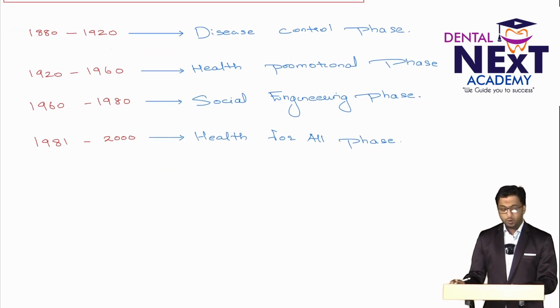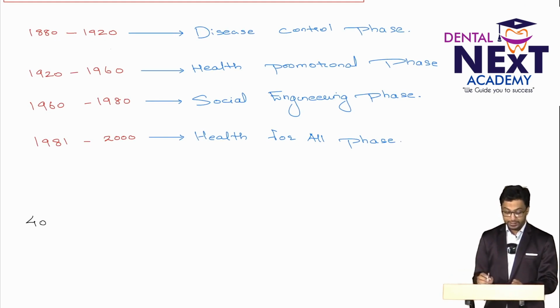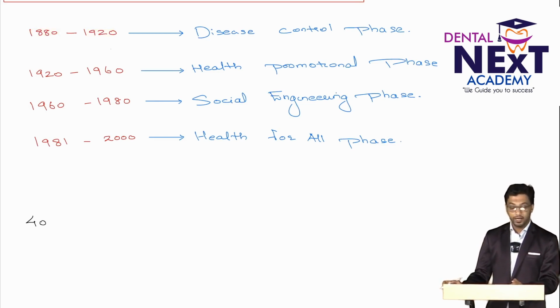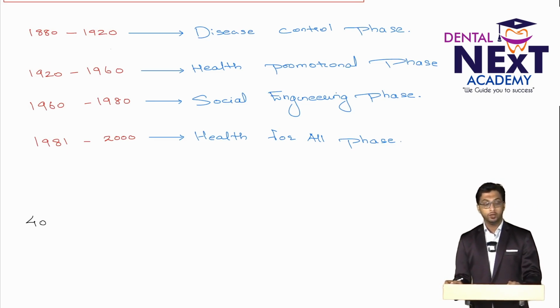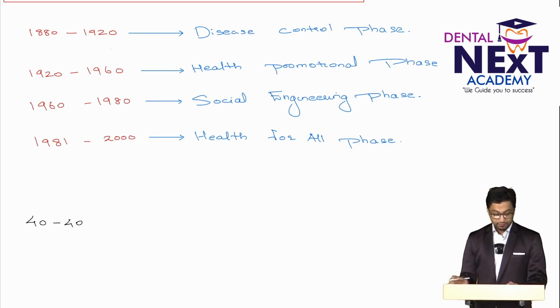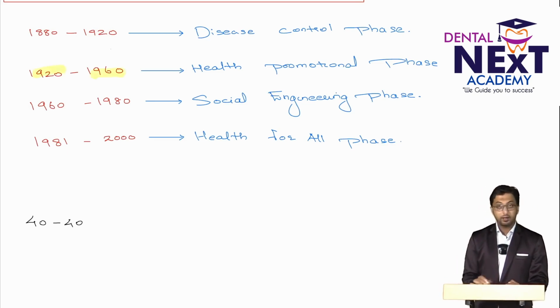Now, how to remember this order? 1880 plus 40 is how much? 1920. So remember the first date, 1880, to 1920, 40. Then to 1920 add 40 again, it's 1960.